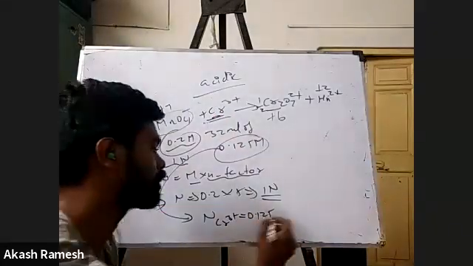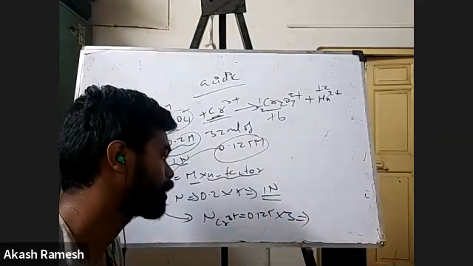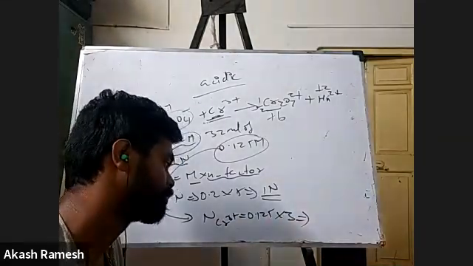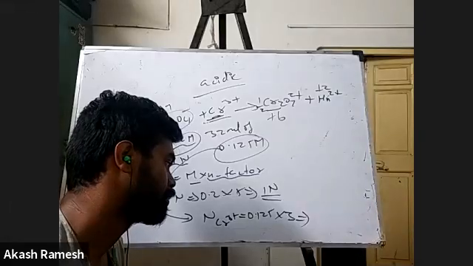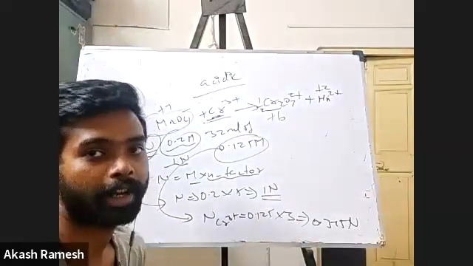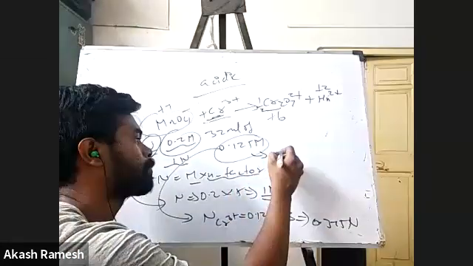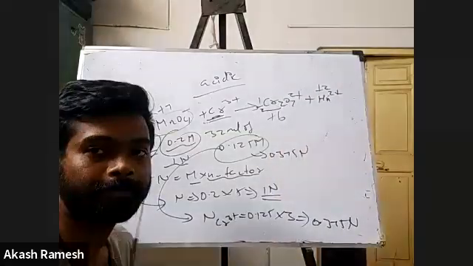So 0.125 into 3 will become 0.375. So 0.375 N is what I have. This is 1 N, this is going to be 0.375 N.